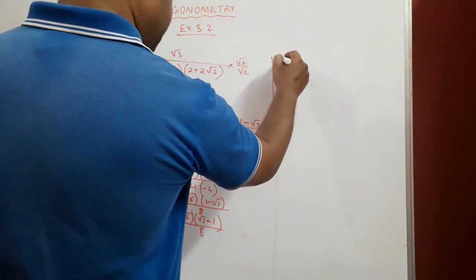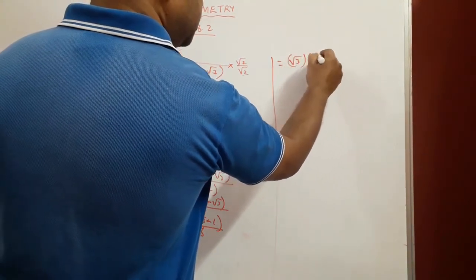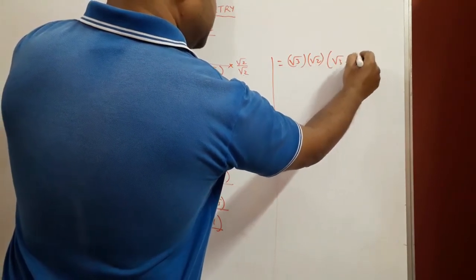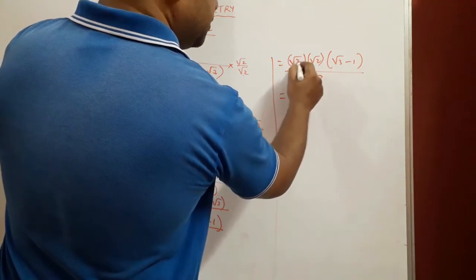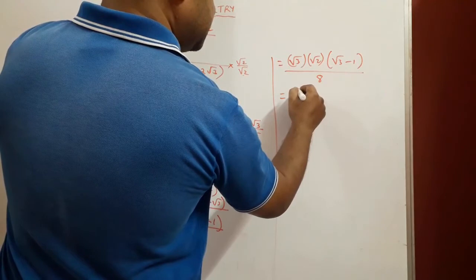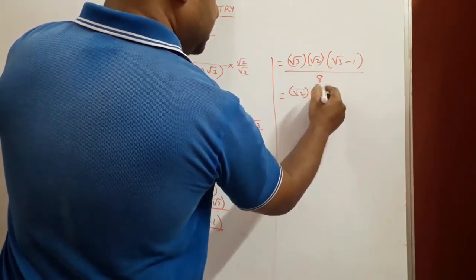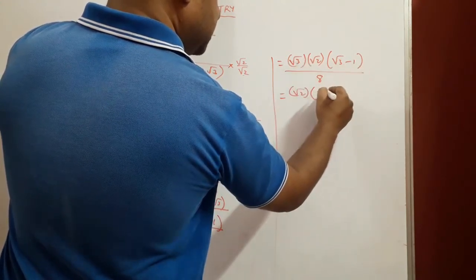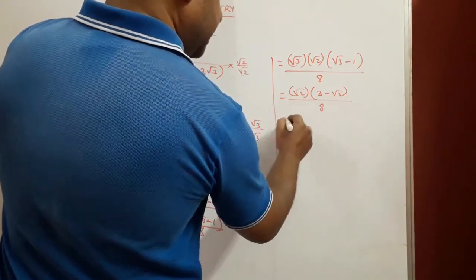So root 6 can be written as root 3 into root 2, whole thing into root 3 minus 1 upon 8. Okay, root 3 into root 3 will give us just, I'll keep this root 2 this way to make it easier to simplify, root 3 into root 3 gives us 3, and root 3 into minus 1 will give us minus root 3, whole thing upon 8.